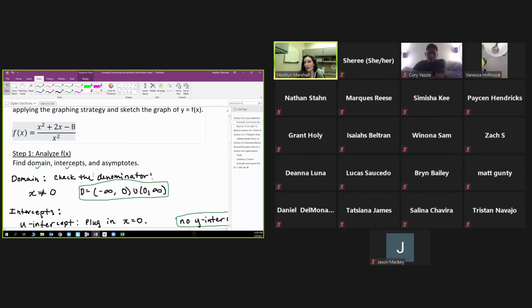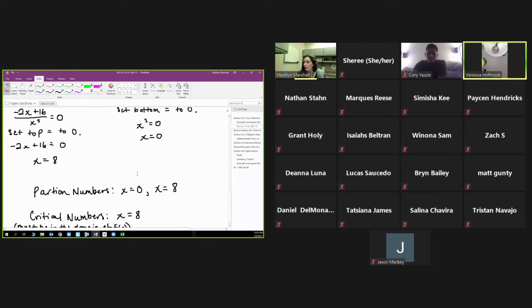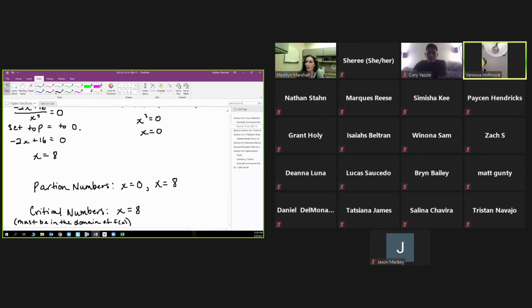Since 0 is not in the domain of the original function, it is not a critical number. So it is based off of the function of x, not the derivative? Yes, it does make a difference, because they don't always have the same domain. It's always based on the original function. So x equals 0 is not in the domain.